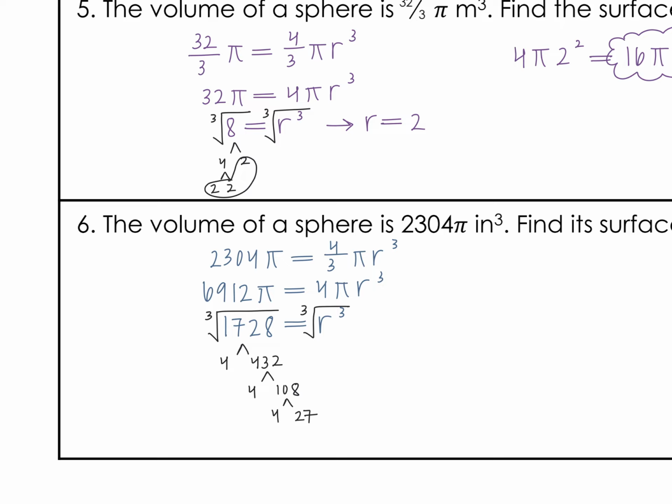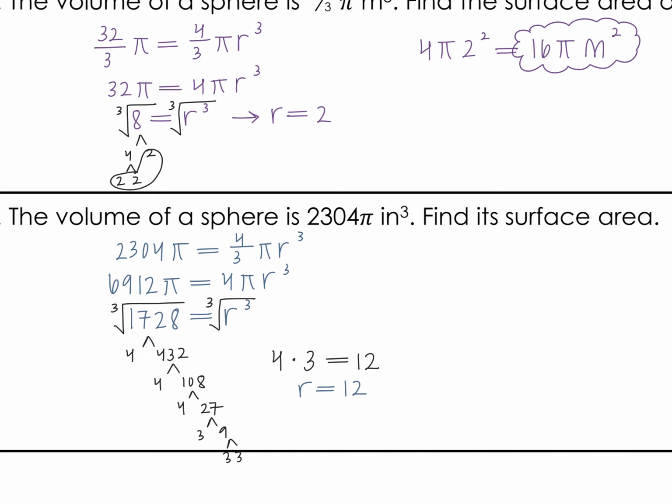Well, then focusing on that 27, I know that 3 times 9, and then that 9 can be broken down into 3 times 3. So here I have a group of 4 that I'm going to pull out. Sorry, I was trying to remember the word. And a group of 3 I'm going to pull out. So when I do that, I'm going to get 12, and therefore my radius is 12.